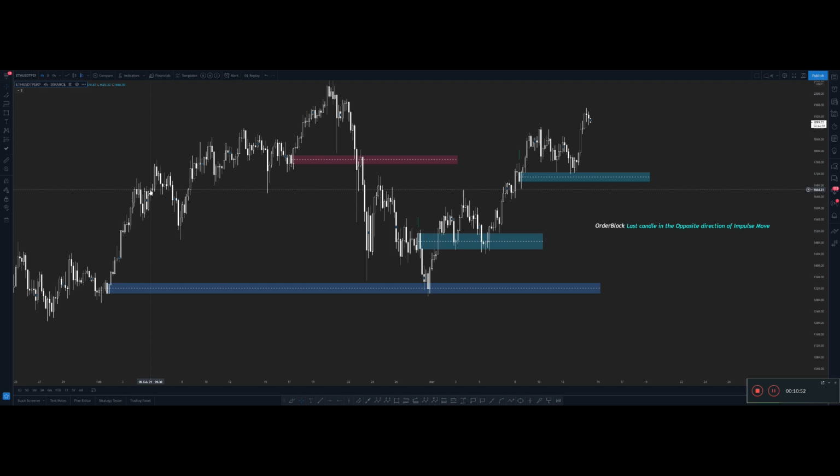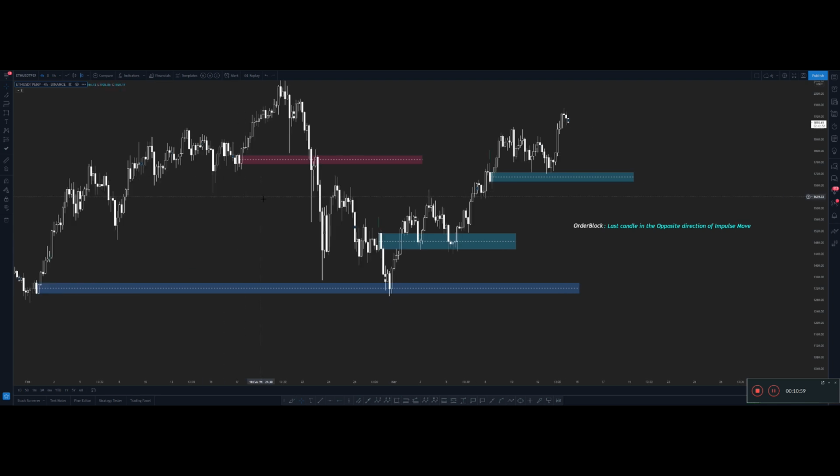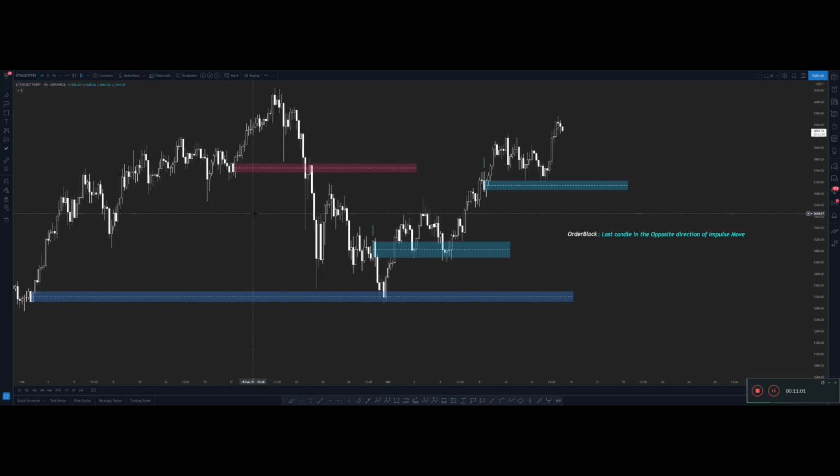Hope you guys now understand how to mark an order block and how to see an order block. And one quick tip, always remember, the bigger the body is, the better and stronger the order block is. With a smaller body and large wicks on both sides, try to ignore those. I personally ignore those, there is no such rule, but I tend to ignore those.